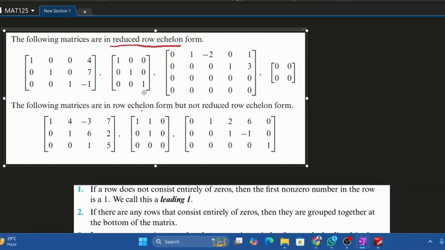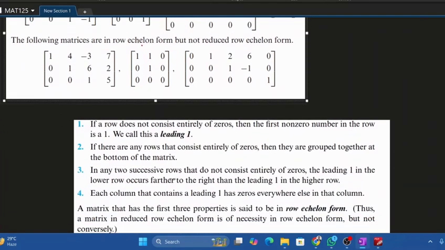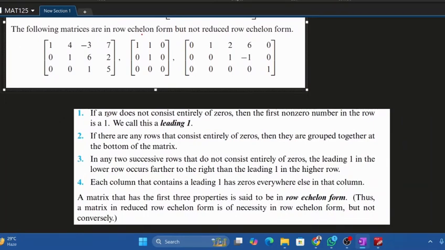In a row echelon form, we call this a leading one.